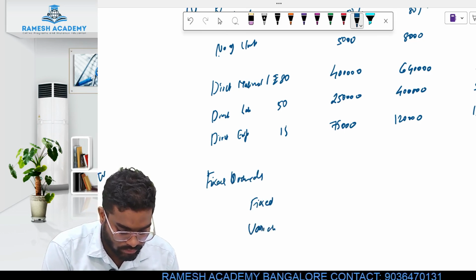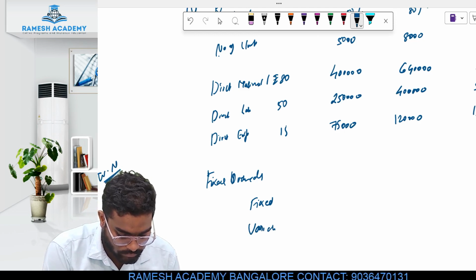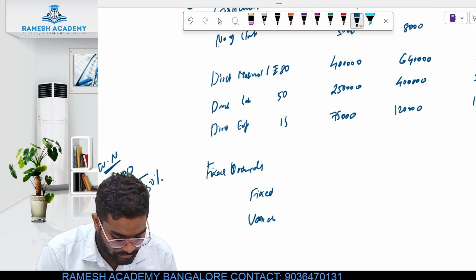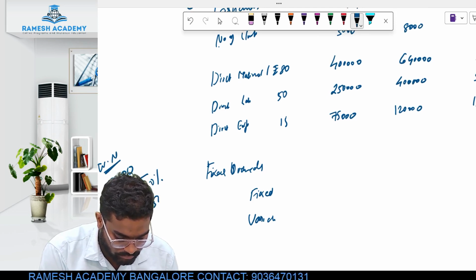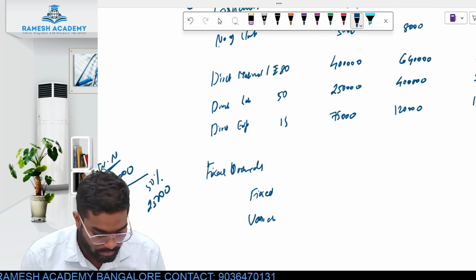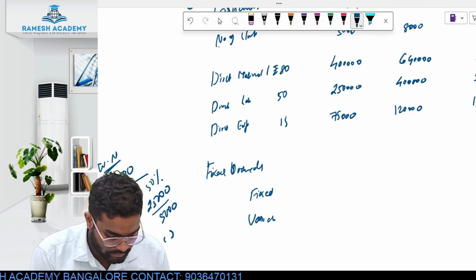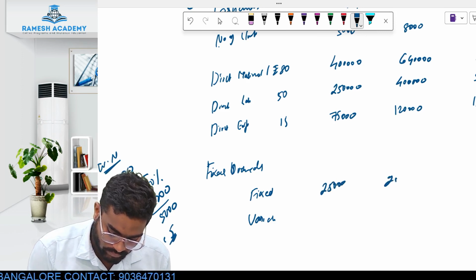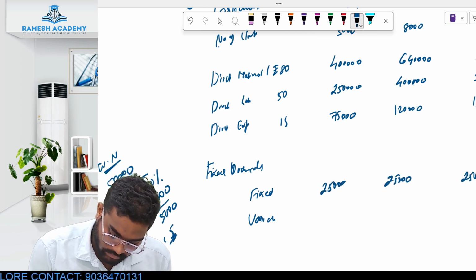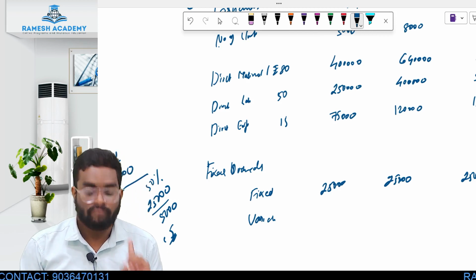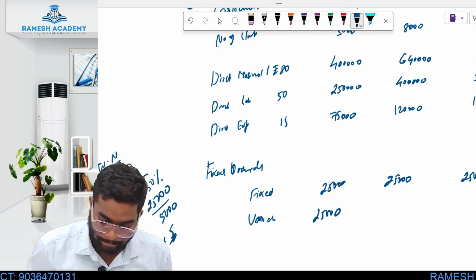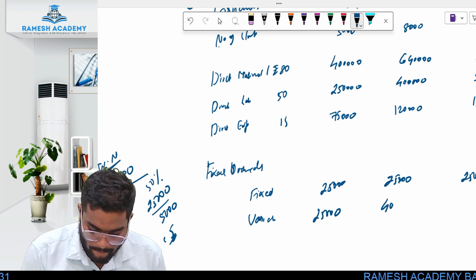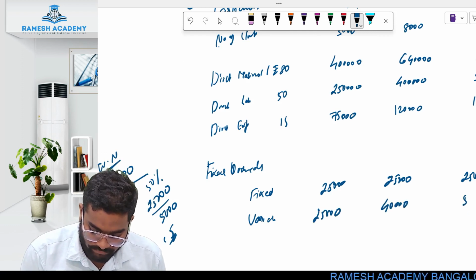So for this you can give a working note, that is 50,000, 50, 50. Okay, 50%. So 50% is fixed, which means 25,000. Variable is 25,000, but we have to calculate it per unit, divided by 5,000, which is 5. So fixed is 25. I'll write everything. 25, 25, 25. Next variable is 5. So here it will be 25. At 8,000 it will be 8,000 into 5 is 40,000. 10,000 into 5 is 50,000. Done.